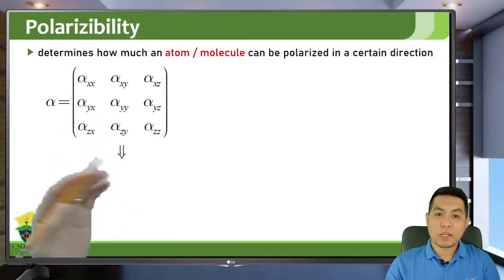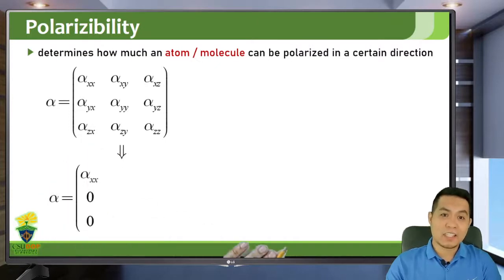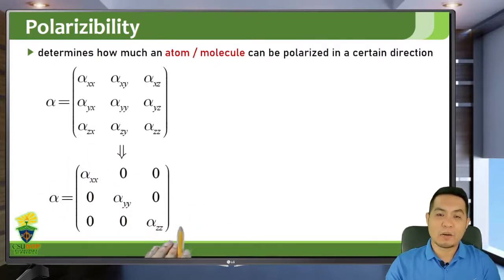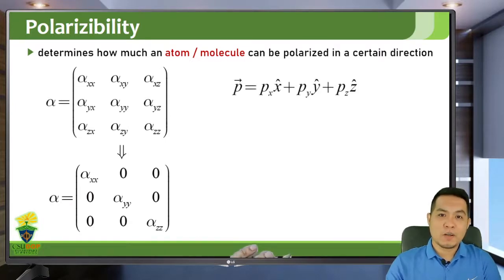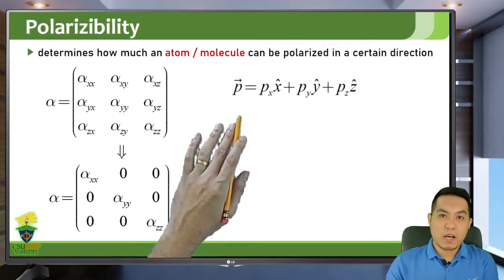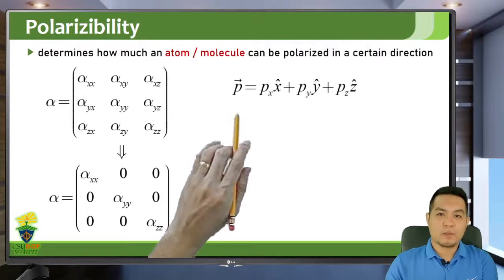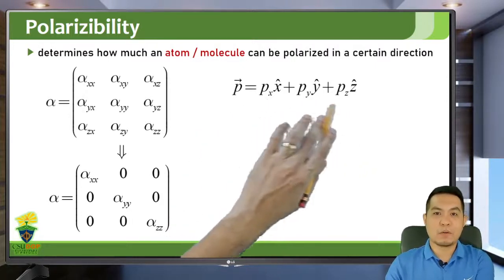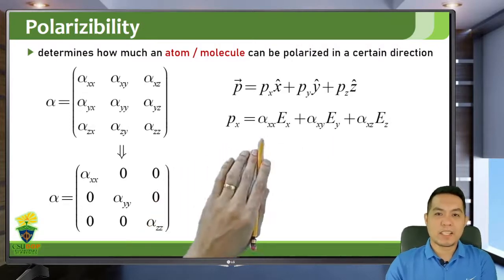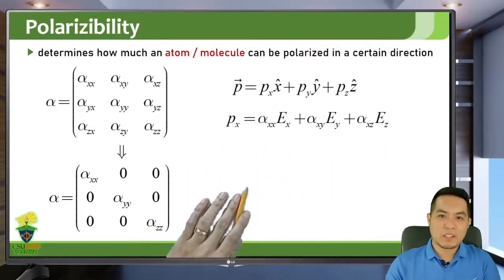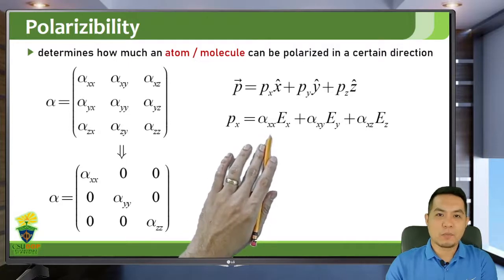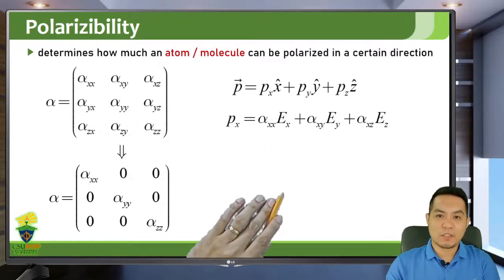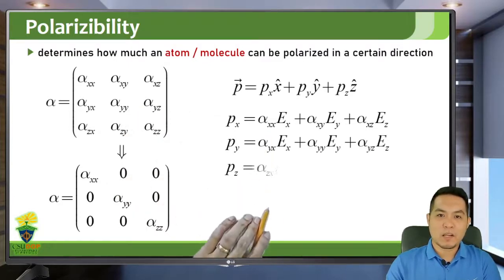But you can always diagonalize this tensor so that you will only have diagonal elements, x, y, and z components. So in general, the dipole moment of a molecule is composed of 3 components: px, py, and pz, where px is given by this. So you use the polarizability tensors, and this is py and this is pz.